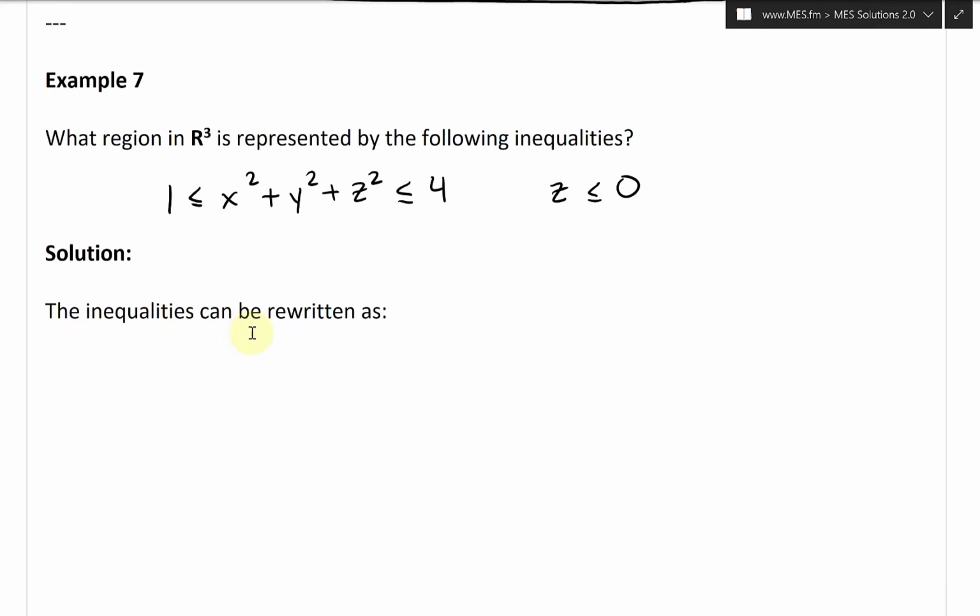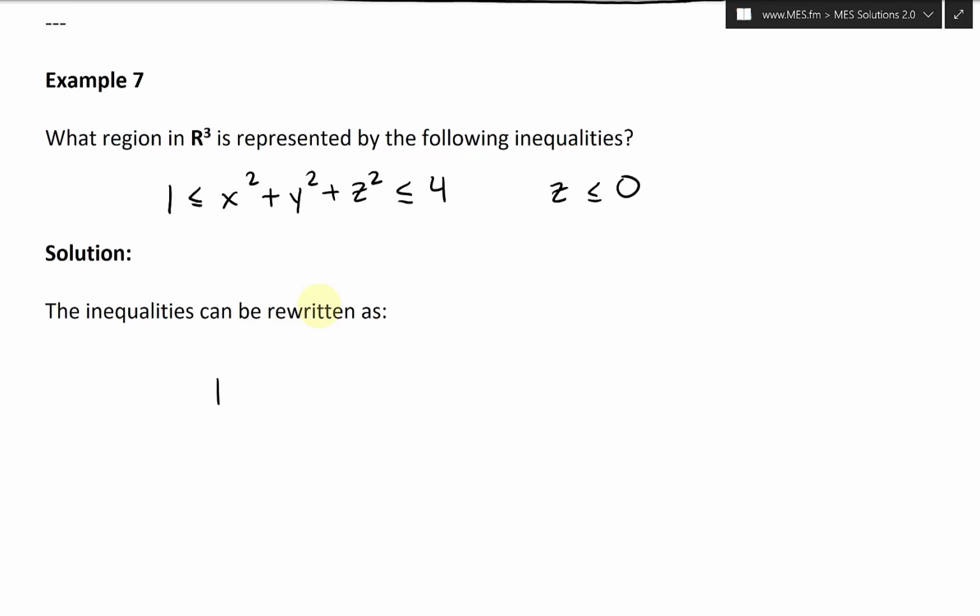The solution: the inequalities can be written as, and basically we're going to take these two inequalities, this is greater than or equal to 1 and less than or equal to 4, and write this, and then basically take the square root of both sides.